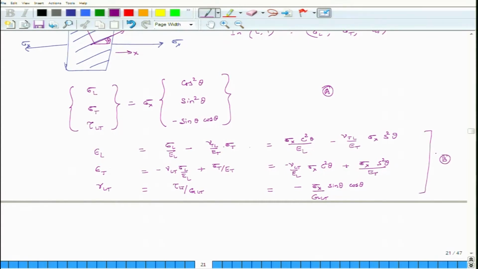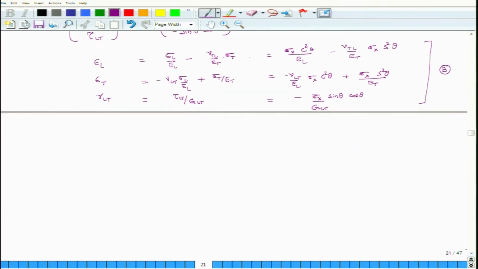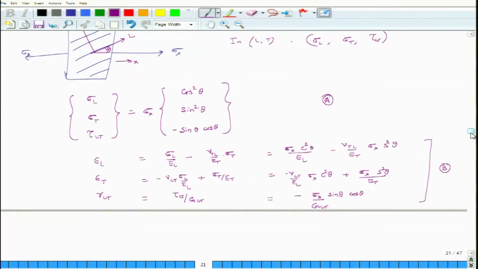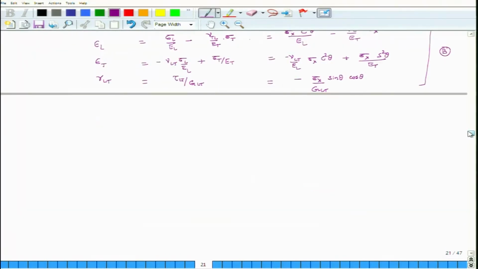So, this is another set of equations, we call that B. So, what we have done now is we have expressed epsilon L, epsilon T, gamma LT in terms of sigma x, which is the external stress applied on the laminate in the xy coordinate system, right. So, this is equation B.